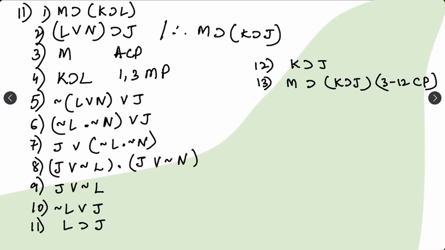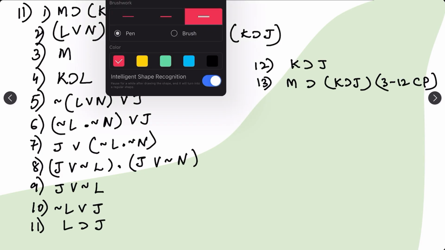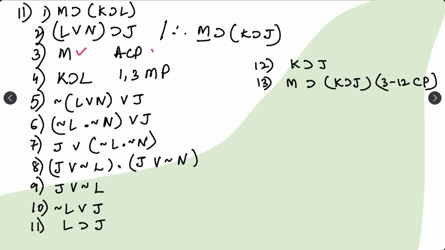In question number 11, we have antecedent M, so we'll be just assuming M, assuming conditional proof. So once you have M, you can apply modus ponens on first and third. Now in the second part, what we can do is change it into implication.